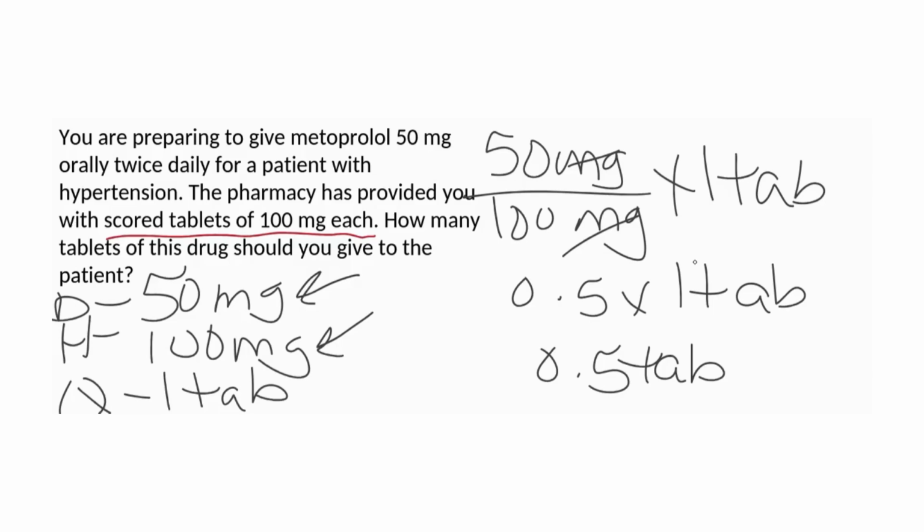would advise that you always write out your problem, even if it's something simple that you can figure out in your head really quick. Write it down just to avoid mental errors, and so that you can still double check yourself and make sure that you're getting the correct answer. Even if it seems like it's something simple like this, we know half of 100 is 50.